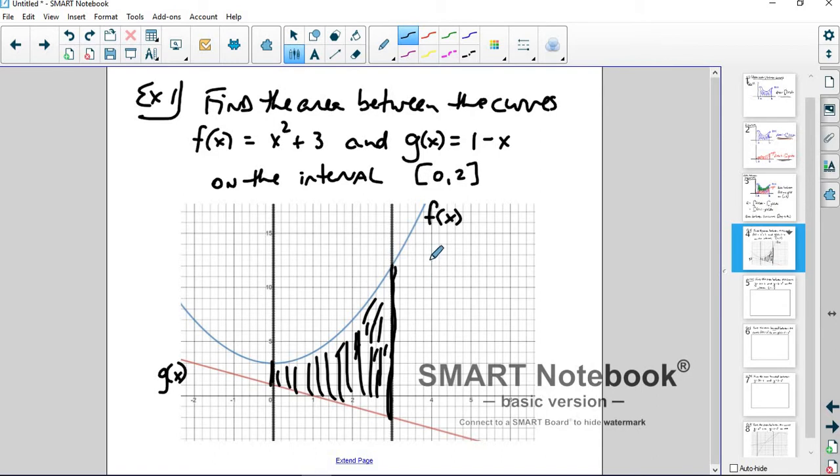We have to use the formula, the integral from a to b of the top function. Between a and b, from here to here, clearly the blue is on top, so this is f of x first minus g of x. It does not matter if this goes above or below the x-axis. That doesn't matter anymore. What matters is that you have the top minus the bottom, okay?